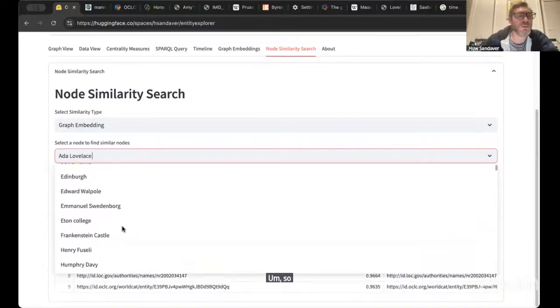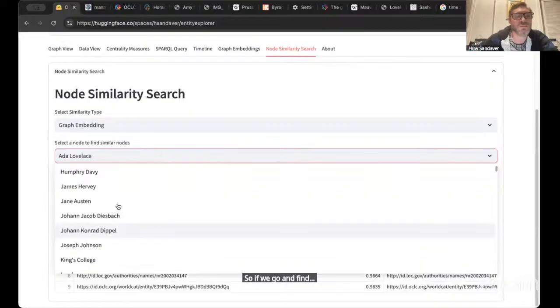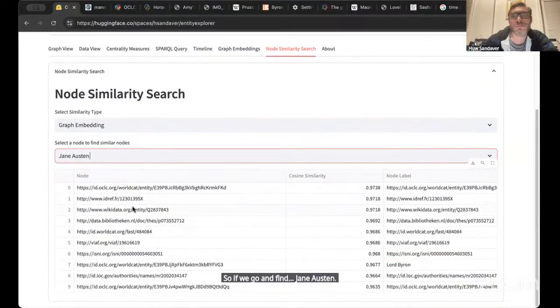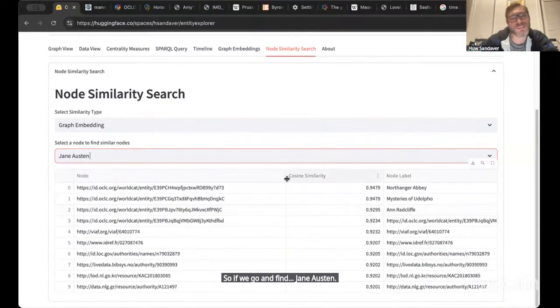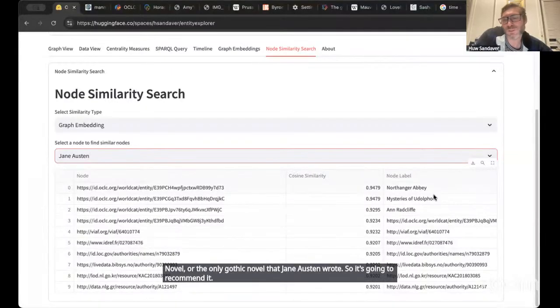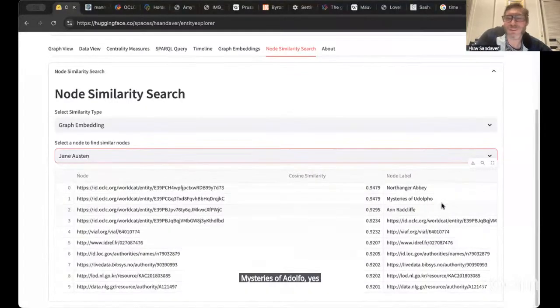So if we go and find Jane Austen, what's it recommending here? Northanger Abbey? Yes, probably the prime Gothic novel or the only Gothic novel that Jane Austen wrote. So it's going to recommend it. Mysteries of Udolpho? Yes, Anne Radcliffe, and going down from there.